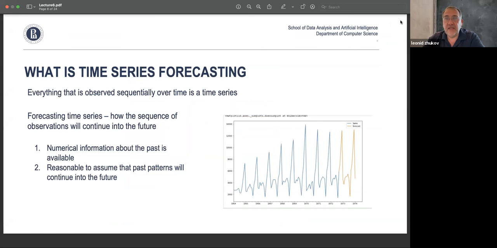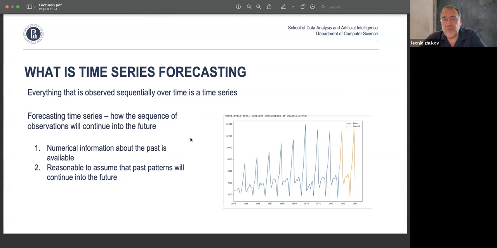Quite often that data comes with a very particular resolution, which can be daily, hourly, or if you're talking about information coming from equipment, seconds or milliseconds. But usually it has equal timestamps. And what we want to do when we forecast a time series is try to understand how it will continue changing into the future.